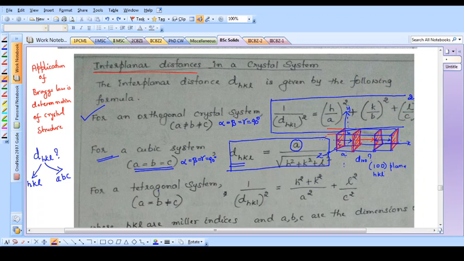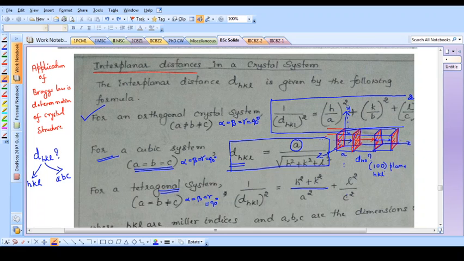If the system is tetragonal, for which a is equal to b not equal to c, and alpha, beta, gamma all are equal to 90 degrees, the relation is 1 over d hkl whole square is equal to h square plus k square, whole divided by a square, plus l square divided by c square.